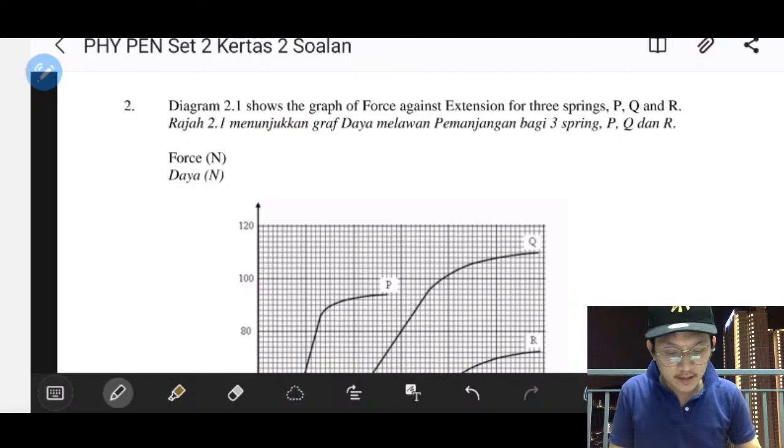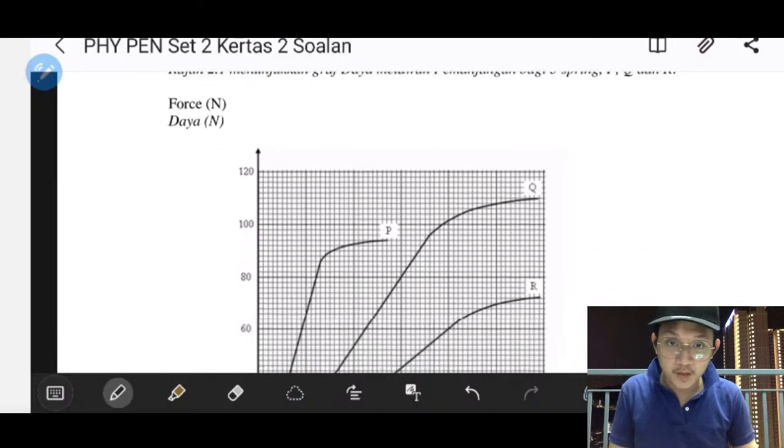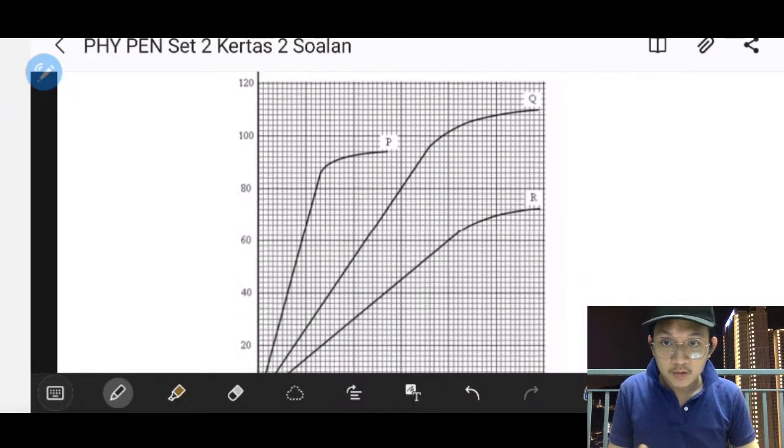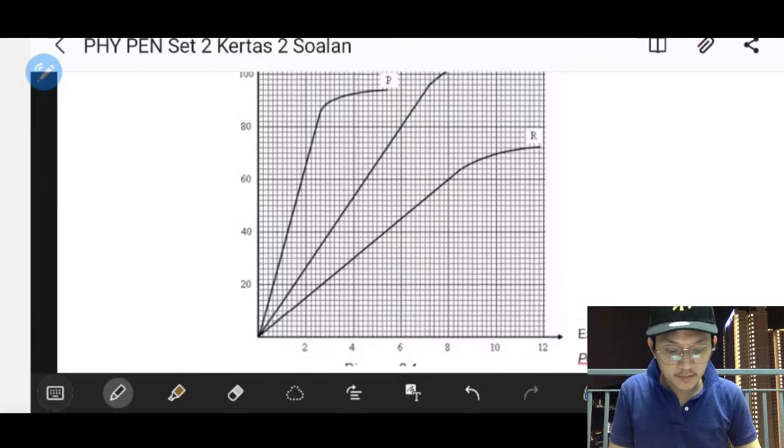All right, let's zoom it smaller. Right. So the next one.